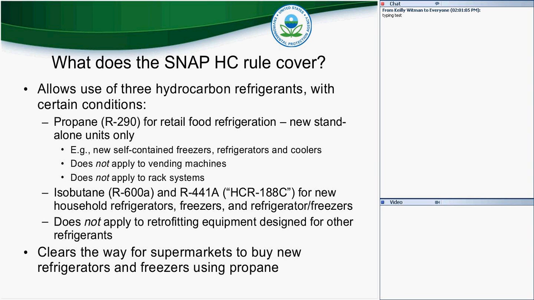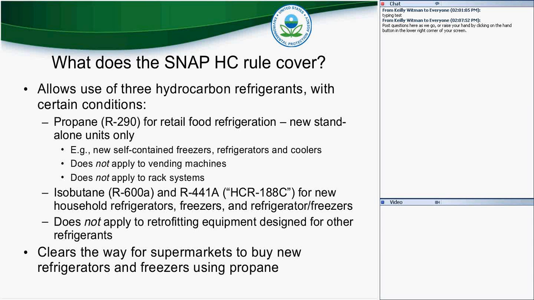Big picture, probably the most important thing to remember from this webinar is that the rule clears the way for supermarkets to buy and use new refrigerators and freezers using propane as the refrigerant. So that's the big picture.